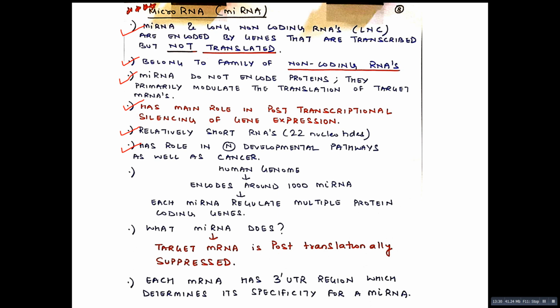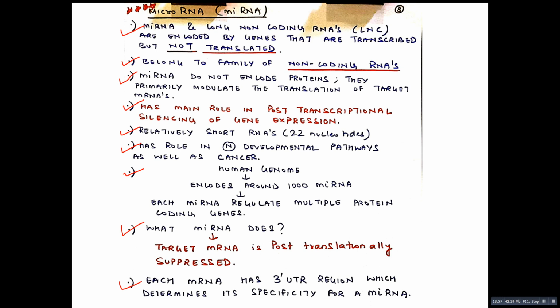What does microRNA do? It targets an mRNA, which is in turn post-translationally suppressed. Each mRNA has a 3' untranslated region which determines its specificity for microRNA. That means that each microRNA is specific for an mRNA.